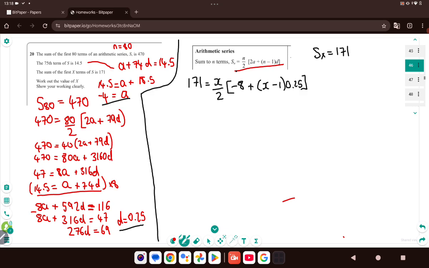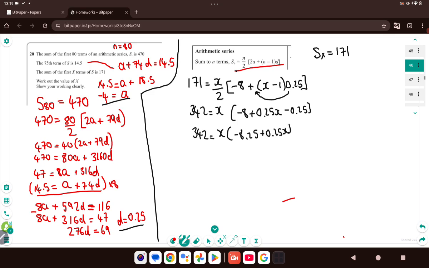We just tidy this up a bit. I'm going to times both sides by 2 to get rid of the fraction. And then I'm going to multiply everything in the brackets by 0.25, pretend it's at the front there. Simplify it further. Expand the brackets.